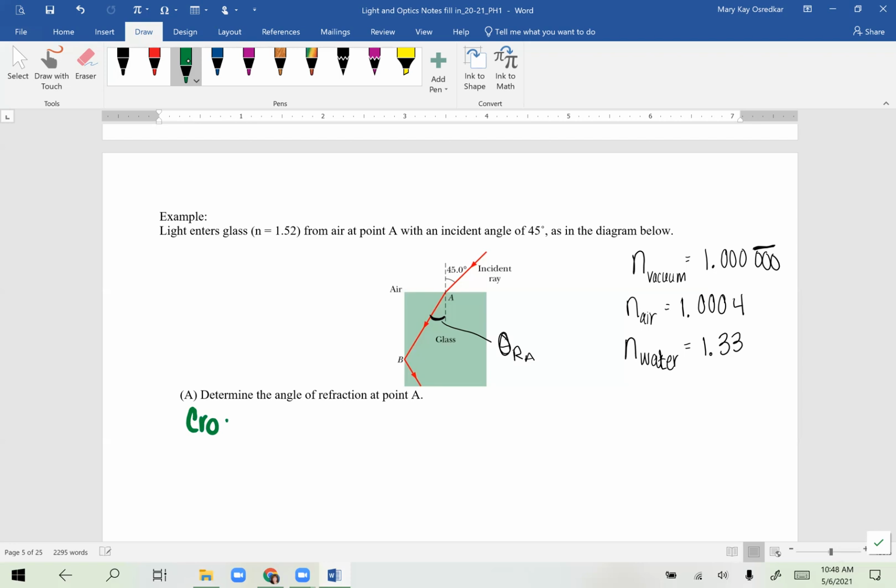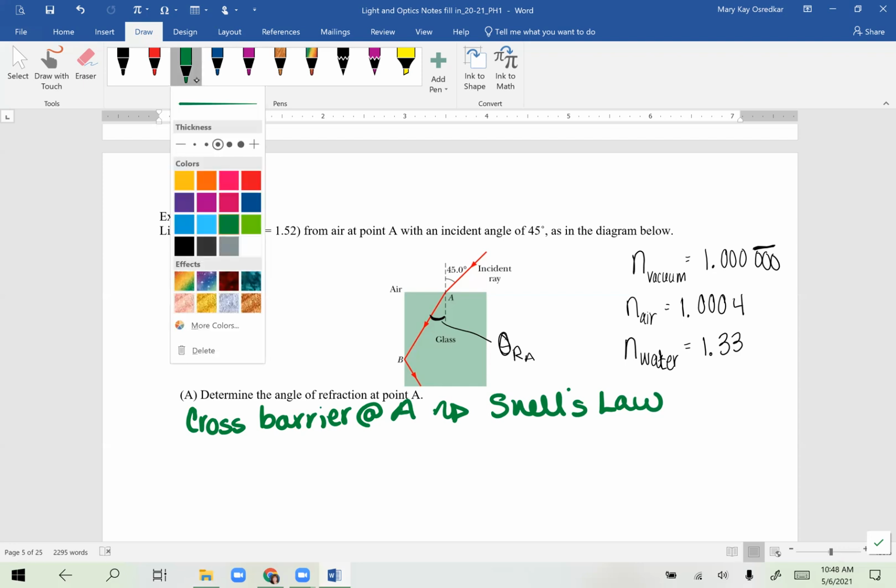We're crossing a barrier at A. Whenever we cross a barrier, we need to use Snell's law, because Snell's law applies as you're crossing the barrier.